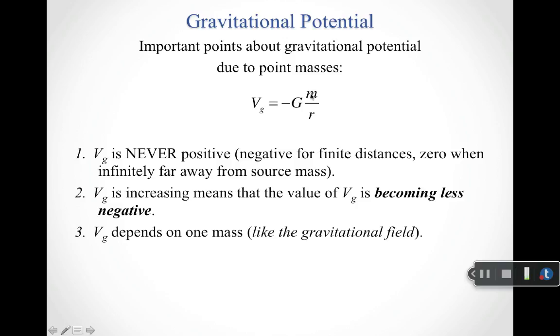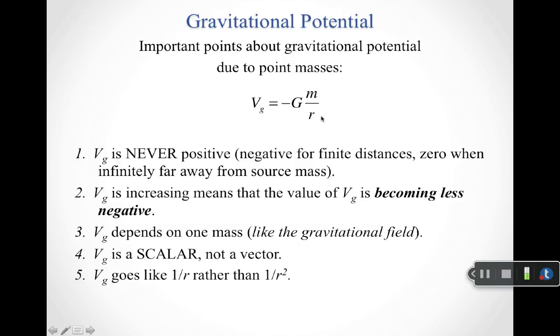The potential depends on only one mass. This is like the gravitational field, because how did we get this? We did an integral that involved the gravitational field, not the gravitational force. So our gravitational potential depends on one mass, just like the gravitational field did. The potential is a scalar. Our dot product got rid of the vectorness of the field.